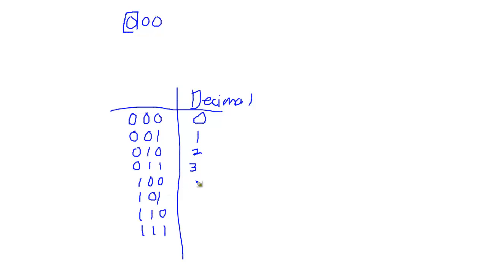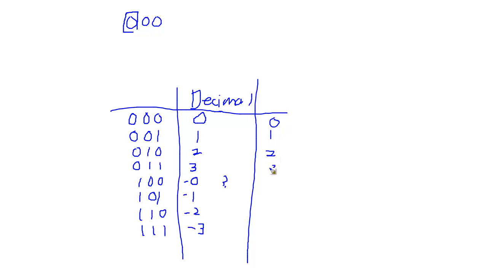But now down here we have negative 0, which might make you wonder, we already have a 0. Why do we need a negative 0? Negative 1, negative 2, and negative 3. Now let's do their unsigned, meaning only positive values here. So this is a 0, 1, 2, 3, 4, 5, 6, 7.